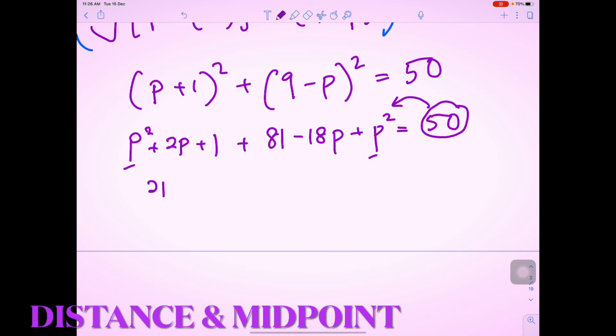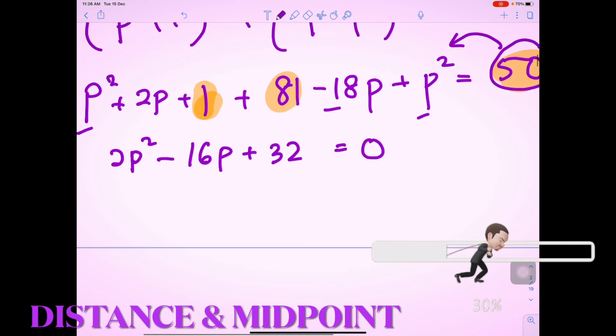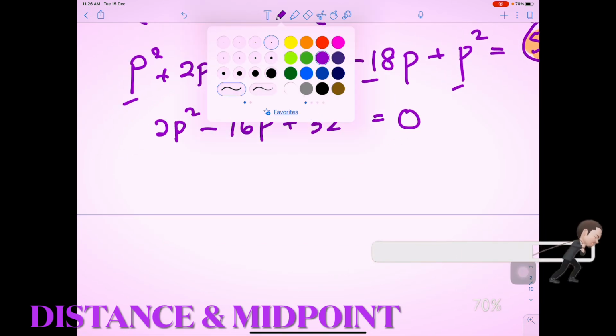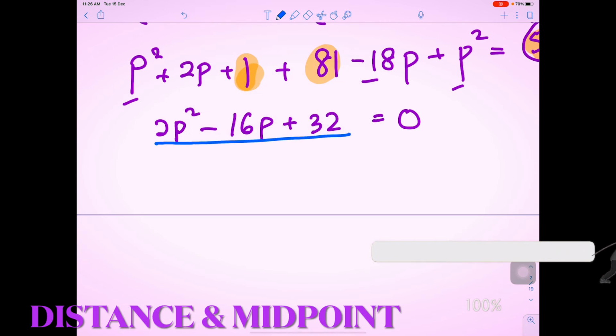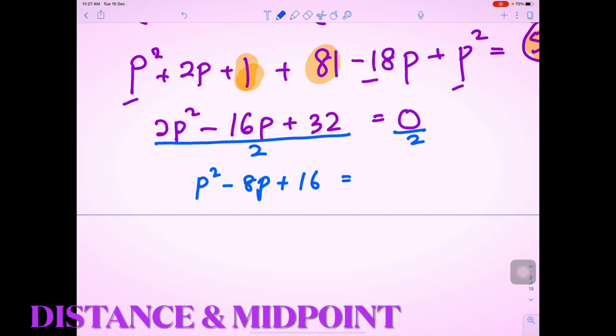So we get 2p squared minus 16p plus 32 equals 0. Then divide both sides by 2, so we get p squared minus 8p plus 16 equals 0.